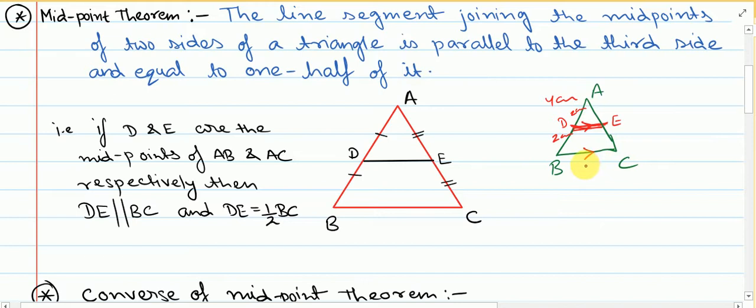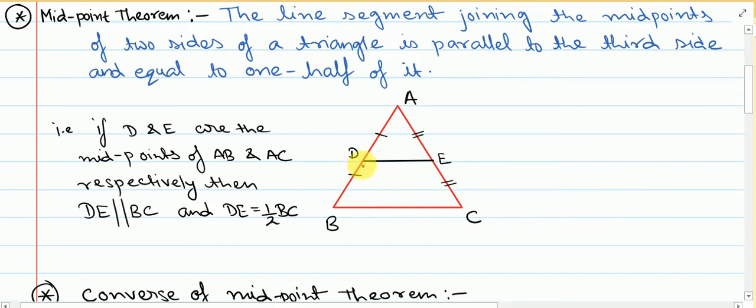Okay, let's say BC is 6 centimeter, then DE will be 3 centimeter. Okay, so in short you can write like this: for a triangle, let's say D and E are the midpoints of AB and AC. Like here, D is midpoint of AB and E is midpoint of AC.